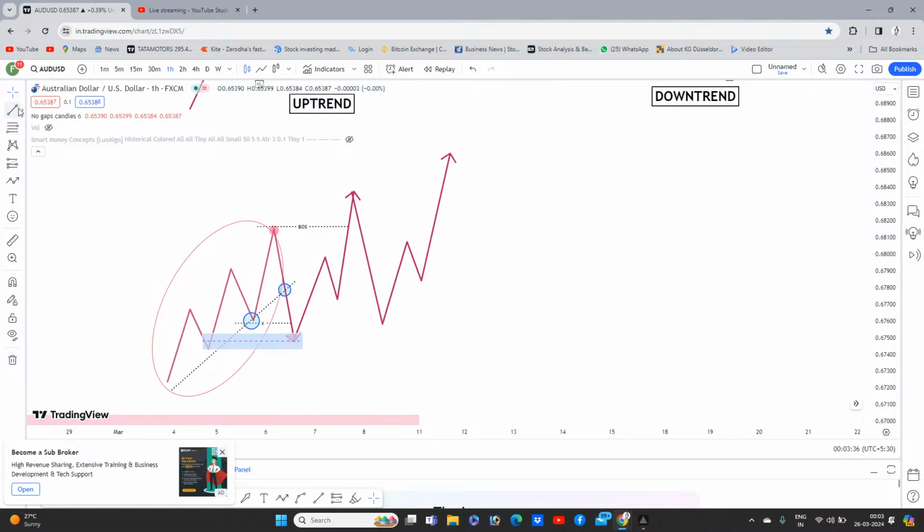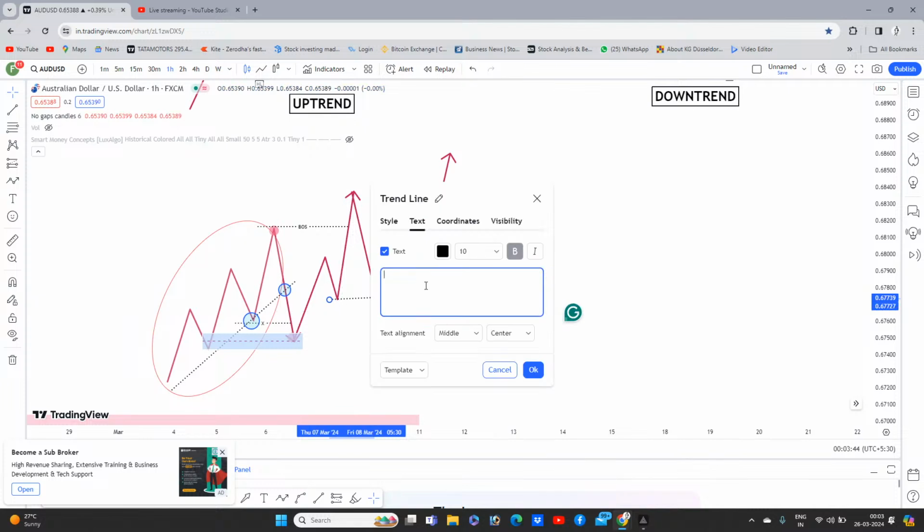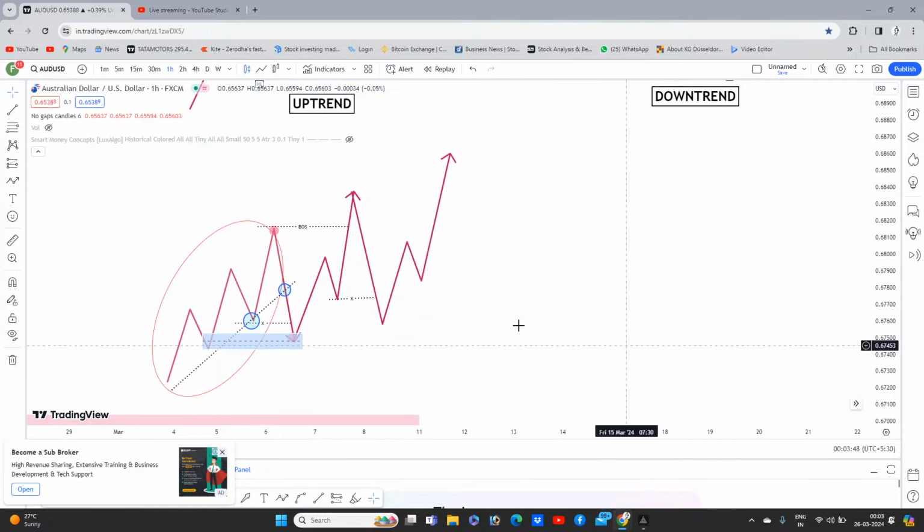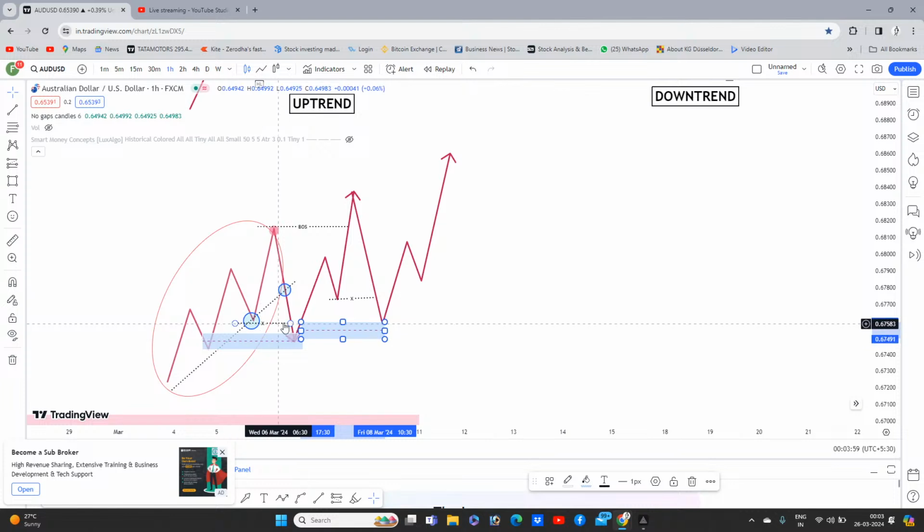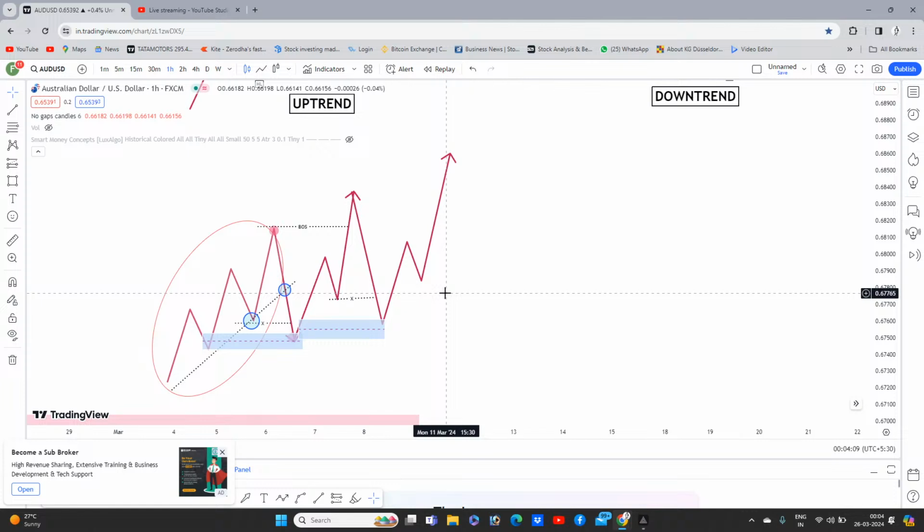So when the market again takes this pullback, which is called an inducement, and the market taps on our POI, POI means order block. It can be an order block, an order flow, or an FVG, which we will be learning in our upcoming videos. But right now what I am teaching you is the smart money structure, how smart money moves, and how to identify whether the market is in an uptrend or a downtrend.